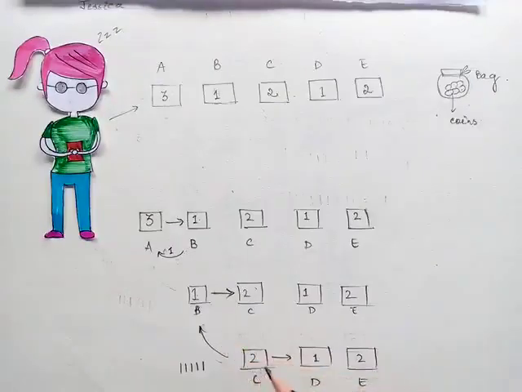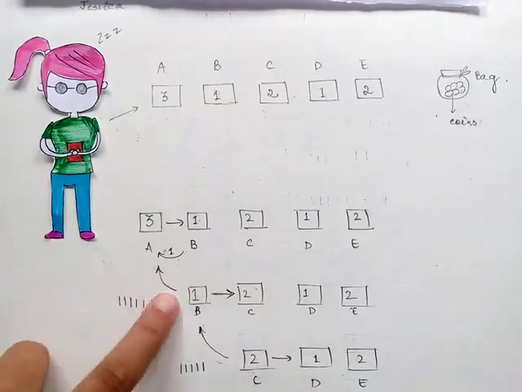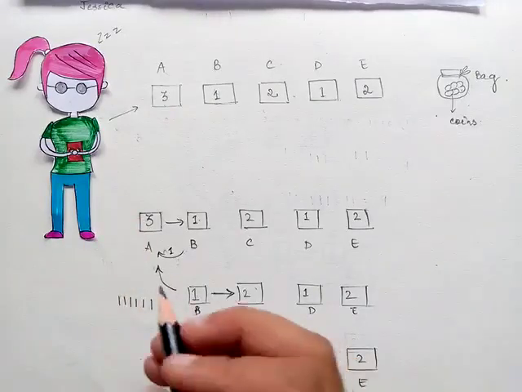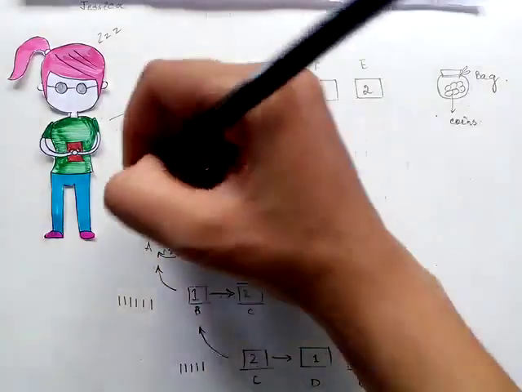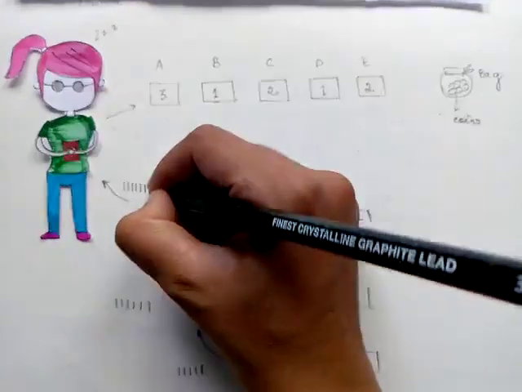Then person C tells person B the team together has 5 coins. Person B has 1 coin. So in total, the team B, C, D, E has 6 coins. Then person B tells person A the team has 6 coins, and person A says, I have 3 coins. So person A tells Jessica, there are 6 coins with the team and I have 3 coins.